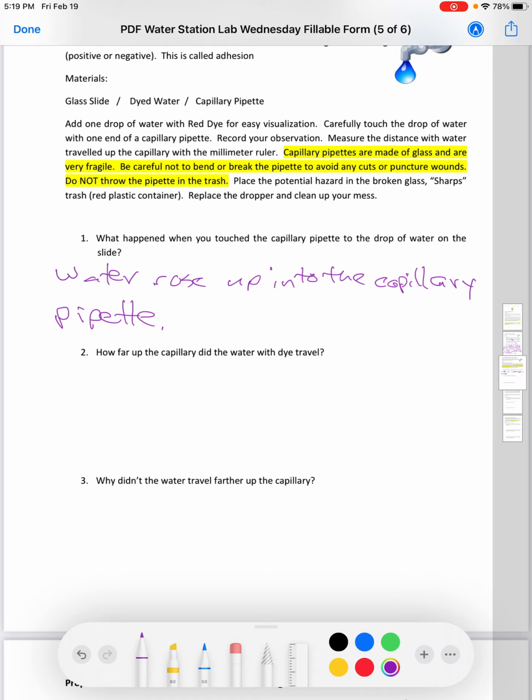When it sticks to itself, it's called cohesion. When it sticks to something else, it's called adhesion.